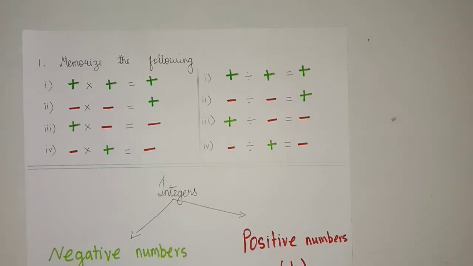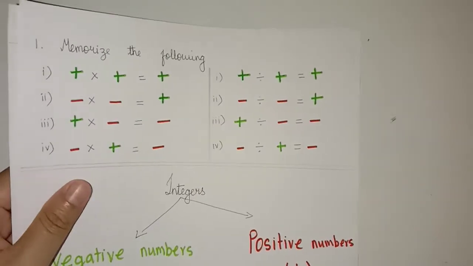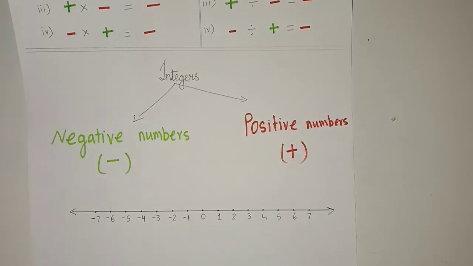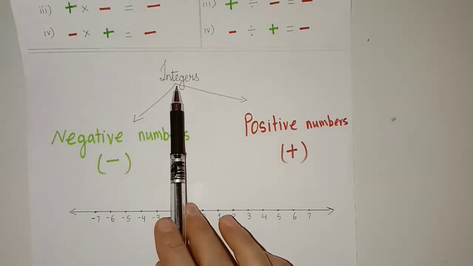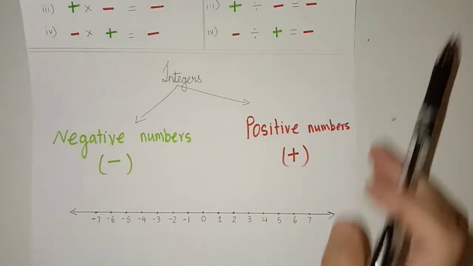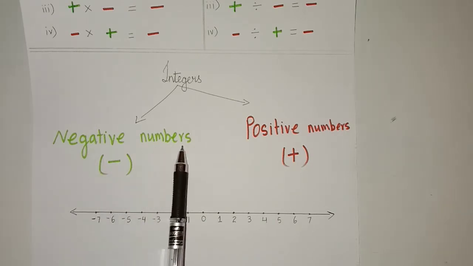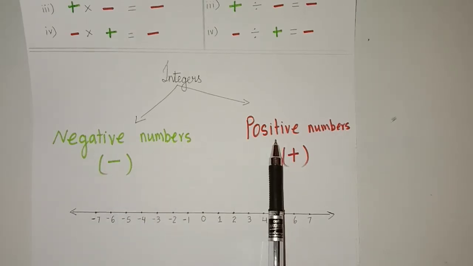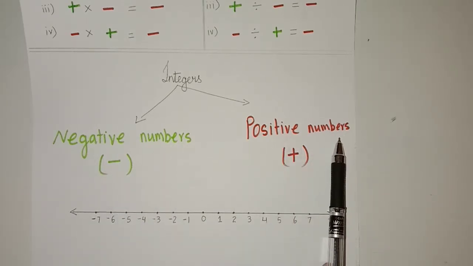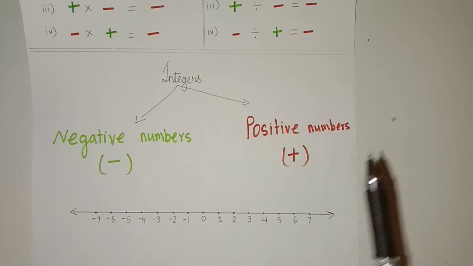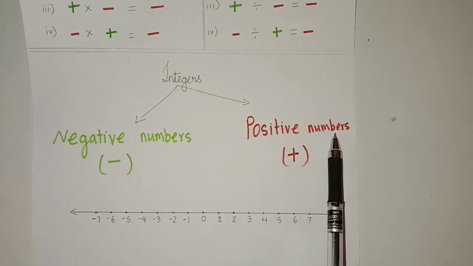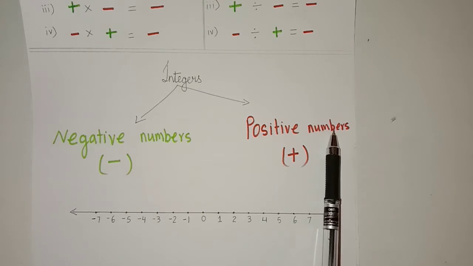Now let us go and understand what are integers. I have written here: integers are a combination of negative numbers and positive numbers. Let us go to positive numbers first. What are positive numbers? Positive numbers are numbers that are positive.